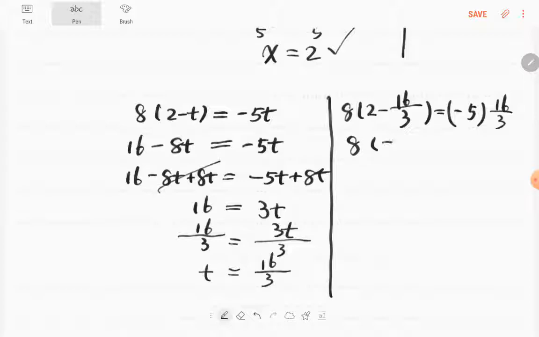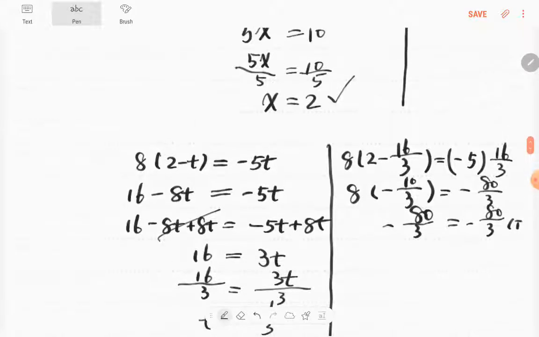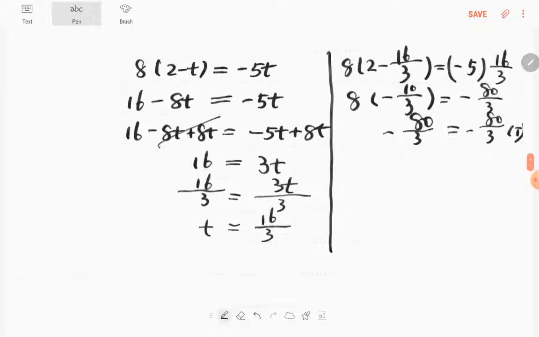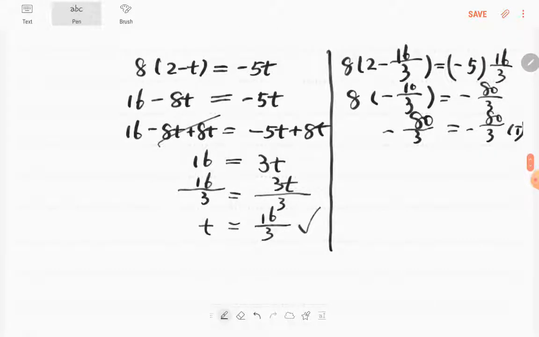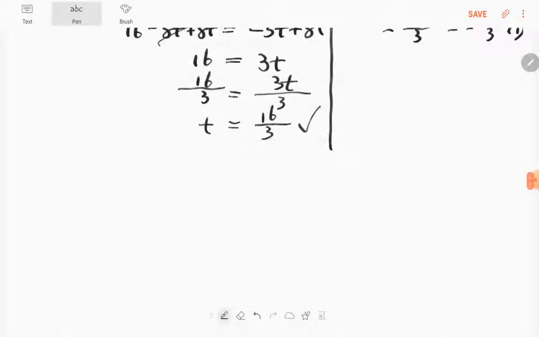So it will be like a 3 times negative 10 over 3, and this will be like 80. So on the left side, we get this. Right side. Now the left side is equal to the right side. So it's true. The equation is true. Then we confirmed t equal to 16 over 3 is our solution.